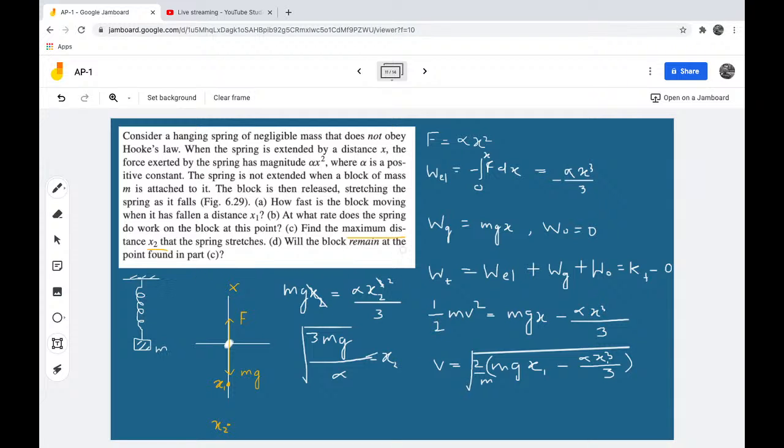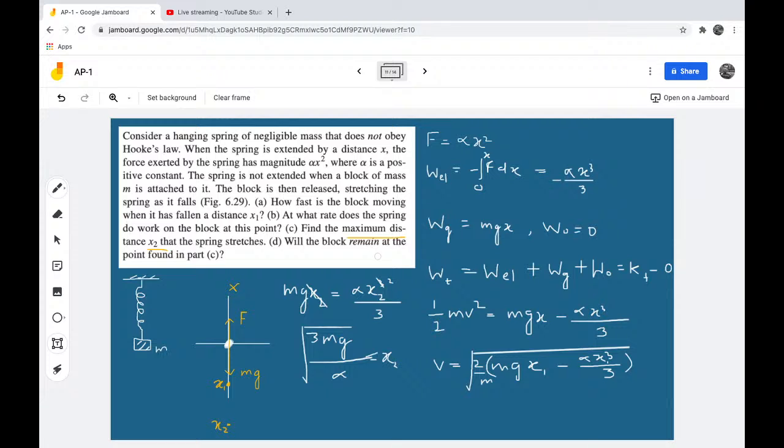Will the block remain at the point found in part C, that is at x2? That I leave for you people to explore. Think about it. You just have to figure out whether it is in equilibrium or not. If it is in equilibrium, then it will remain at its point.